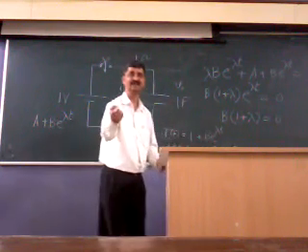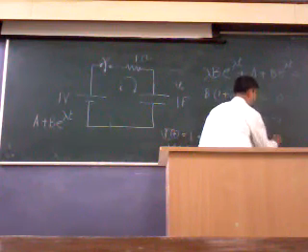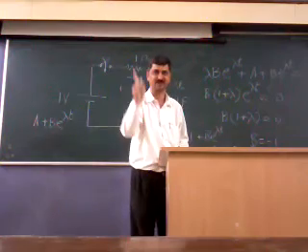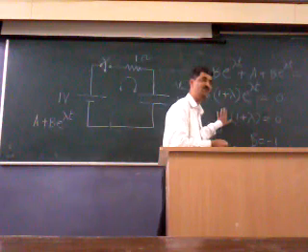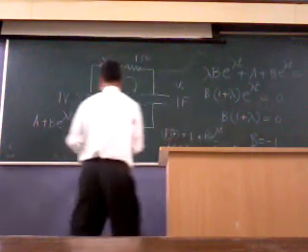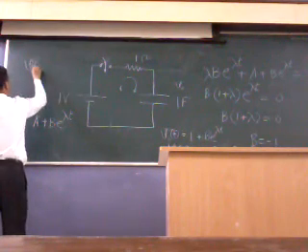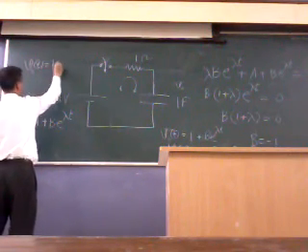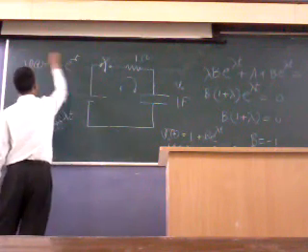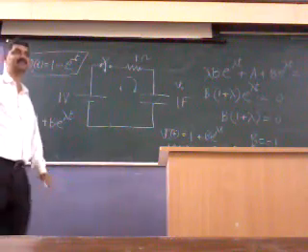So B is minus 1. And since B is now minus 1, lambda has to be minus 1, because B is not 0 now. So my answer is V0t is equal to 1 minus e raised to minus t. Correct? That's the answer.